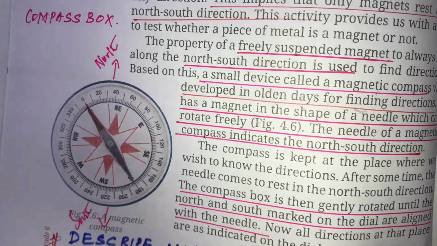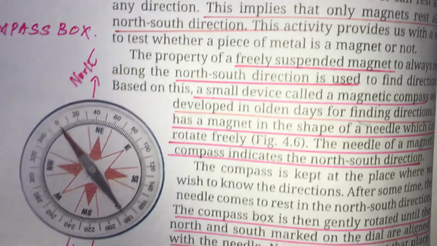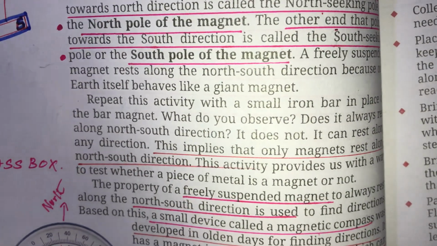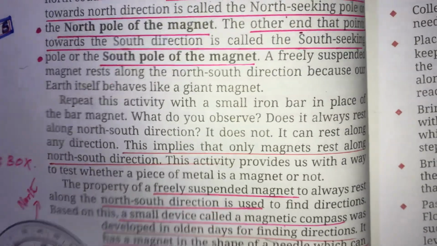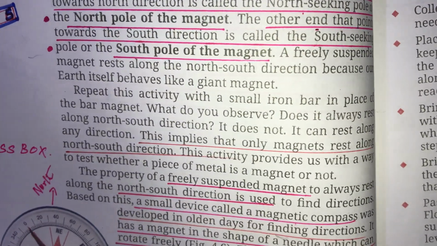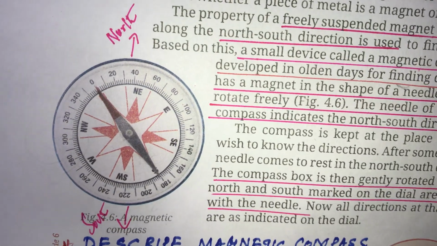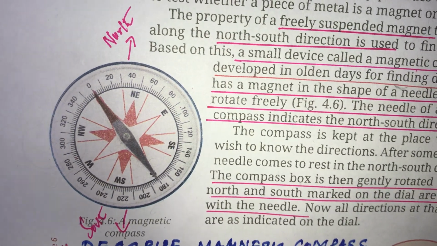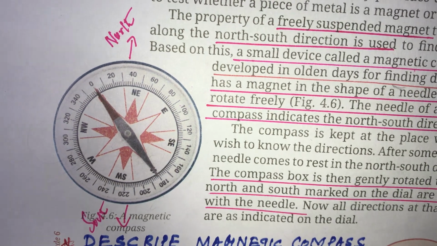So the magnetic compass is made with the principle of the pole of a magnet and the suspension of the magnet resting in a north and south direction. This is the structure or shape of the magnetic compass. The purpose of the magnetic compass is to find direction.